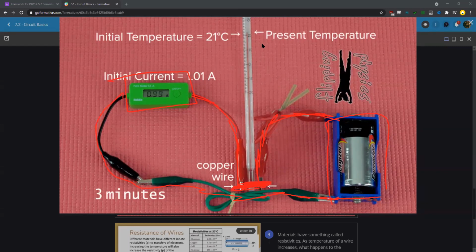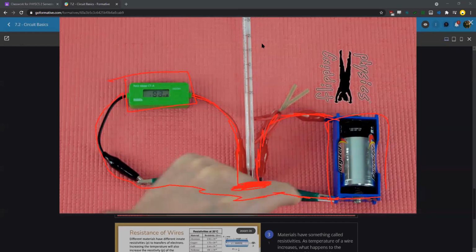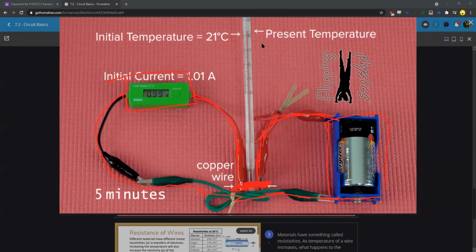Think about it, guys. Your phone gets hot, right? Your charger gets hot when it charges because you have electrons creating friction as they bump through all the atoms and material.